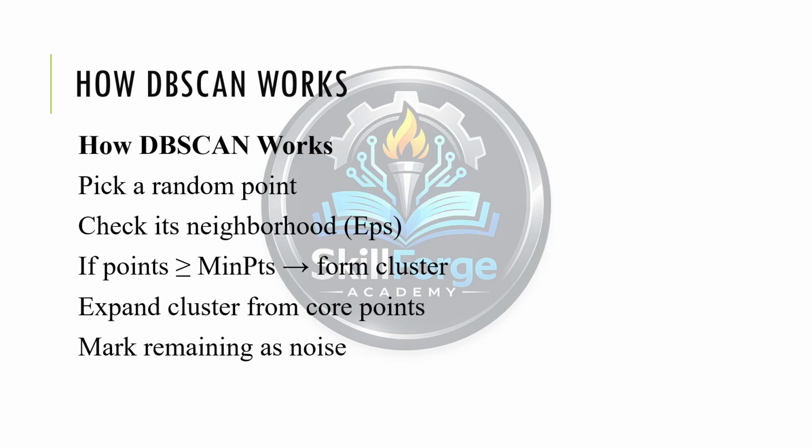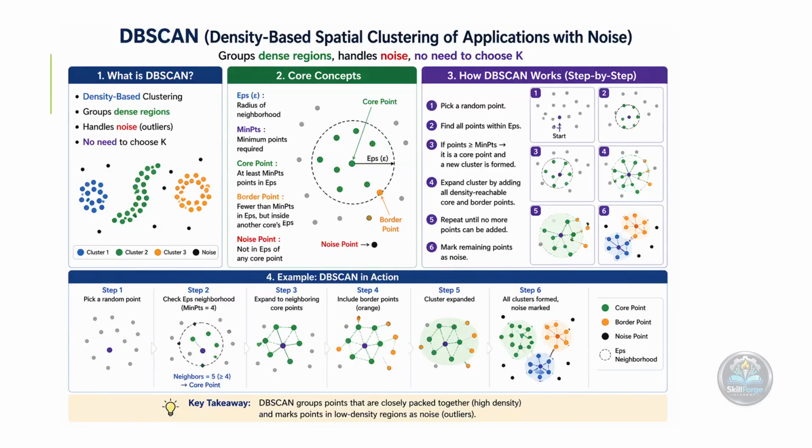Here you can see that DBSCAN is a density based clustering algorithm. It groups points that are close together and marks isolated points as noise. Here we see clusters formed based on dense regions.